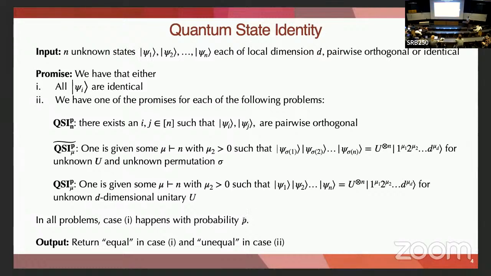This is some kind of prior probability which we can also adjust. And the task is to find the protocol which, given those assumptions, returns equal if we are given case one and unequal in case two as often as possible.